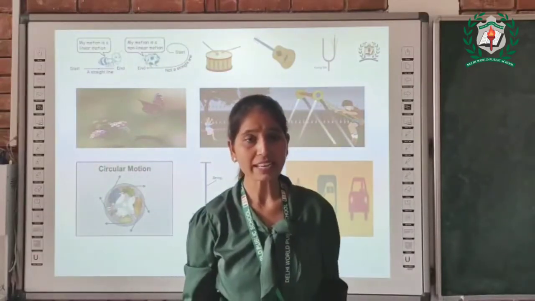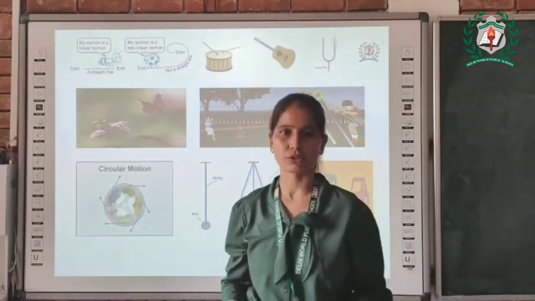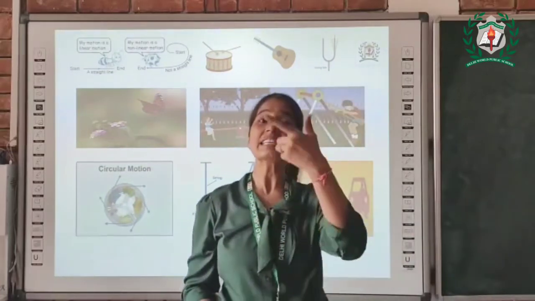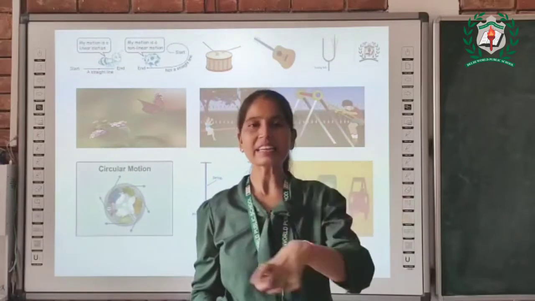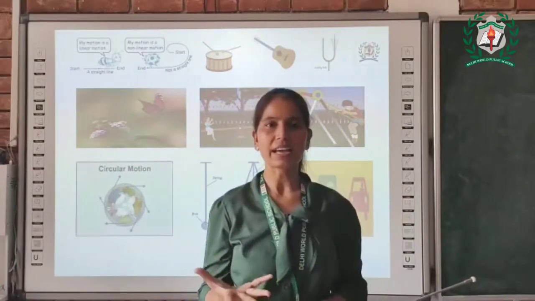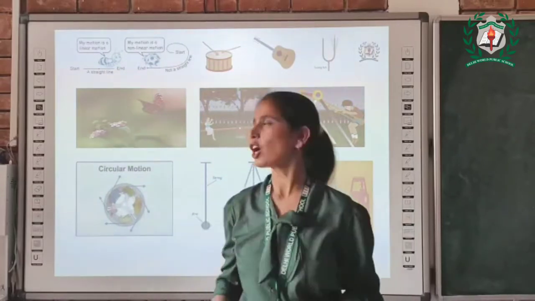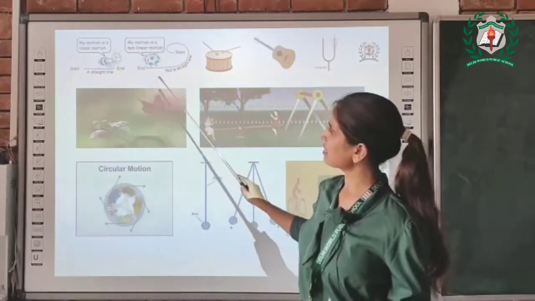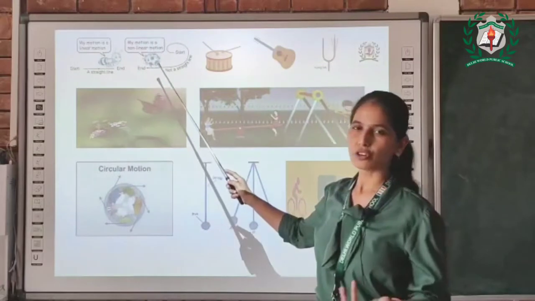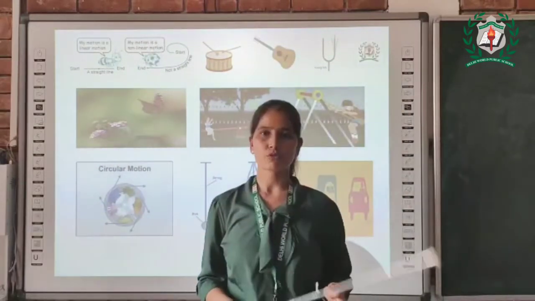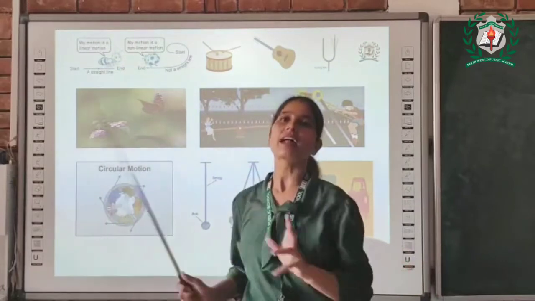Next is random motion. When an object moves from one position to another and changes direction in an irregular manner, like a butterfly flies randomly in the garden, or the motion of this bug, this type of motion is known as random motion.